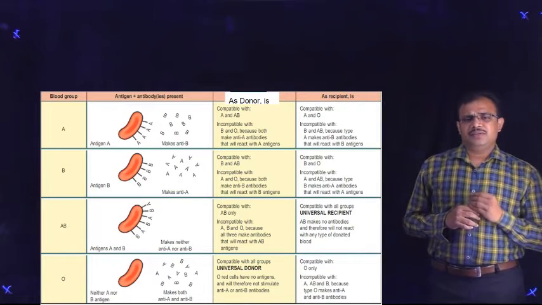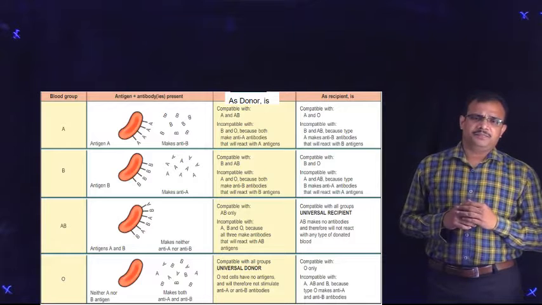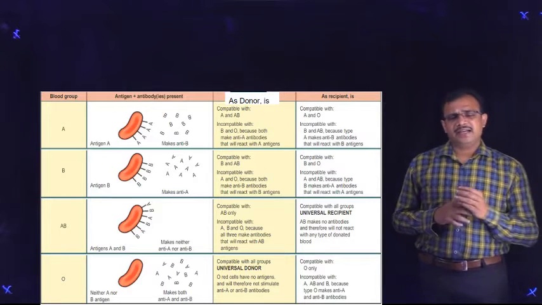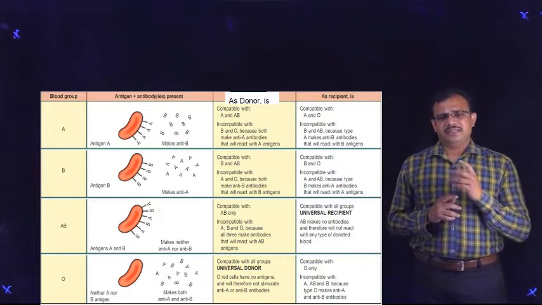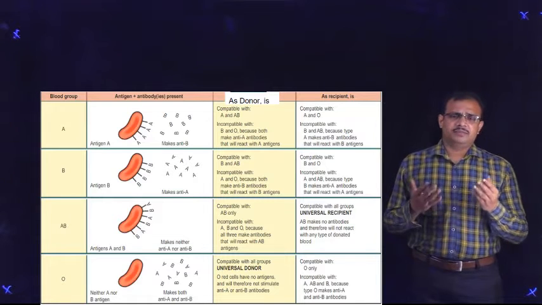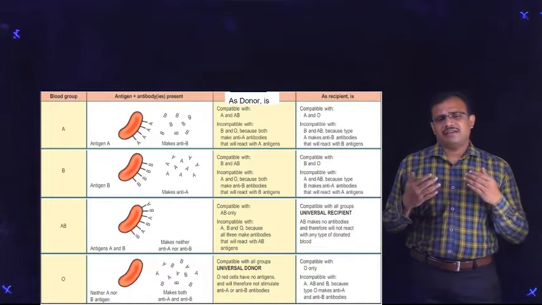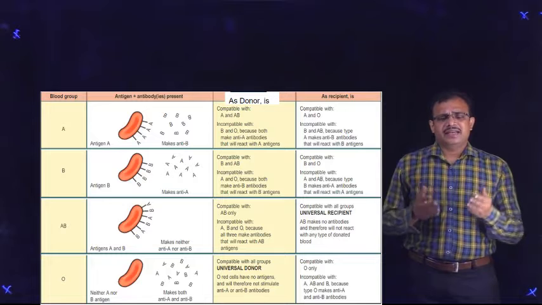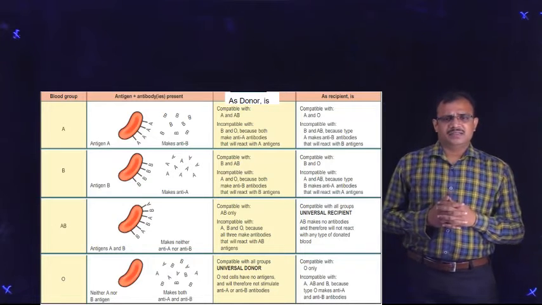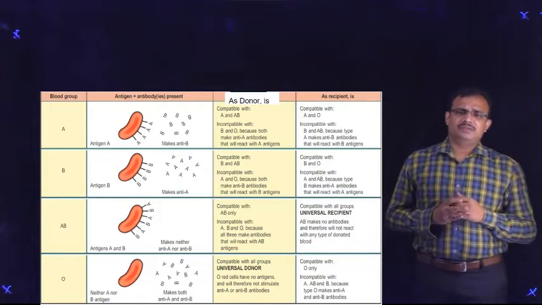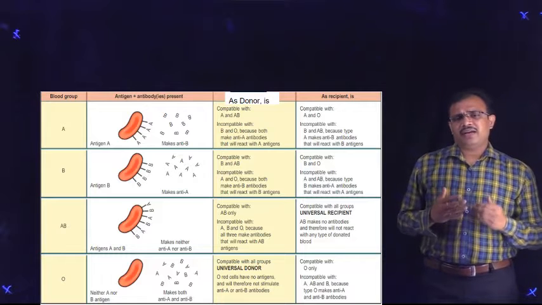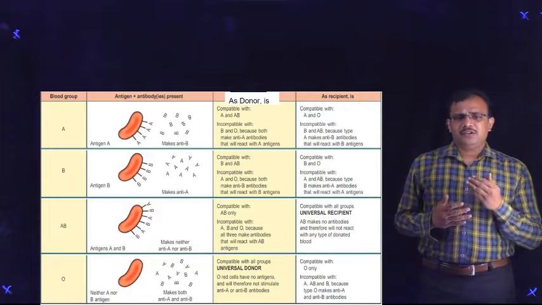Whereas the other blood group, that is AB, has both A antigen and B antigen on the surface. Since they have both the antigens, they will not have any antibodies against their antigens. So the blood of the individual with AB blood group will not have any antibody.